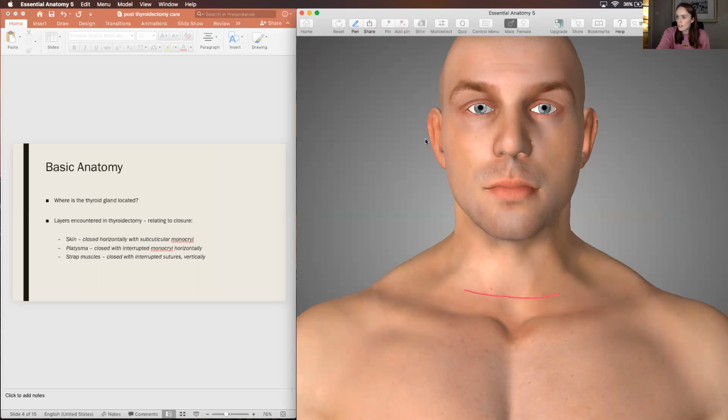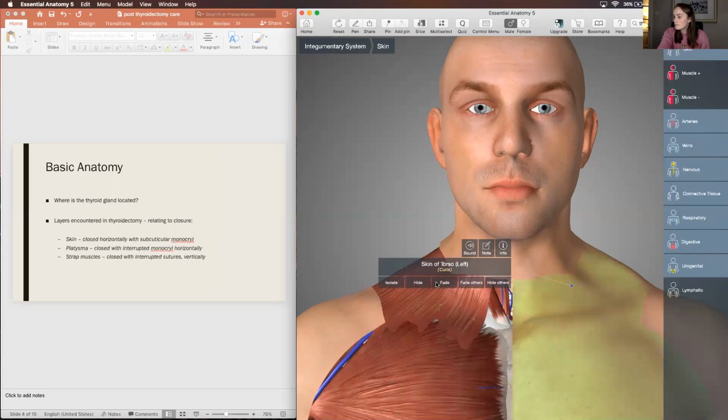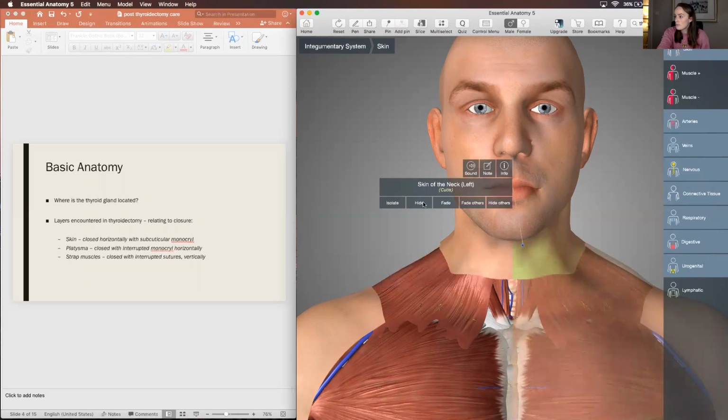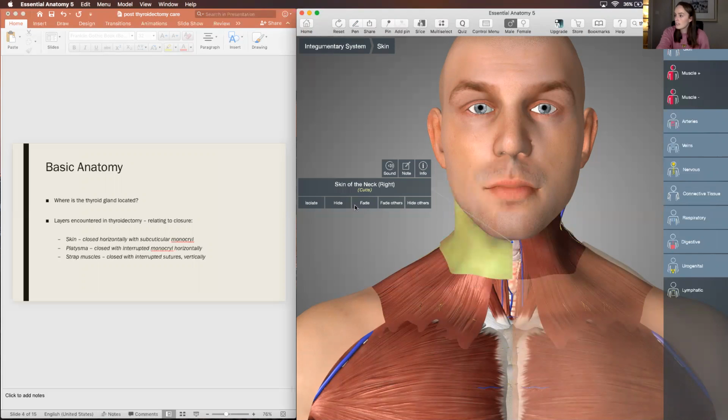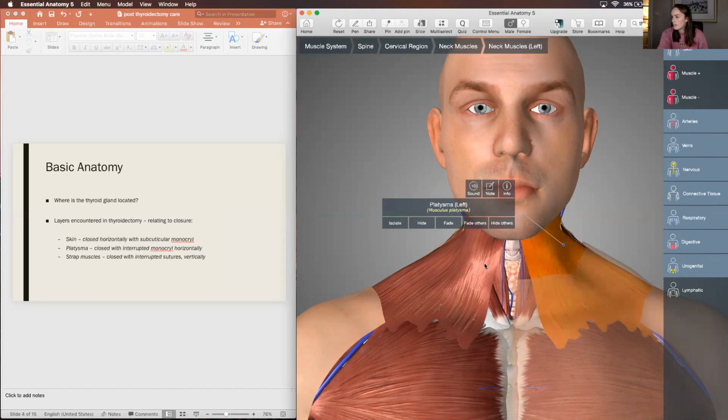So to go through the layers that we go through in a thyroidectomy, which is more important in relation to how we close after the operation, we first of all get rid of the skin. And then after we cut through the skin, what you will see is subcutaneous fat. And then you'll see this very thin layer, which is a muscle called the platysma.